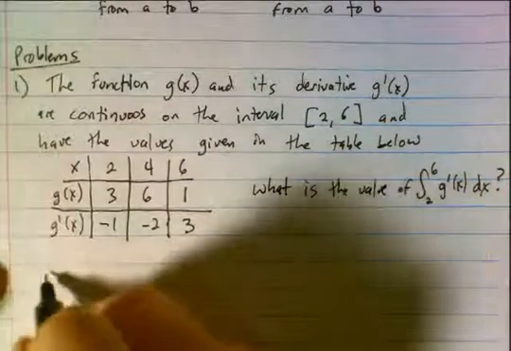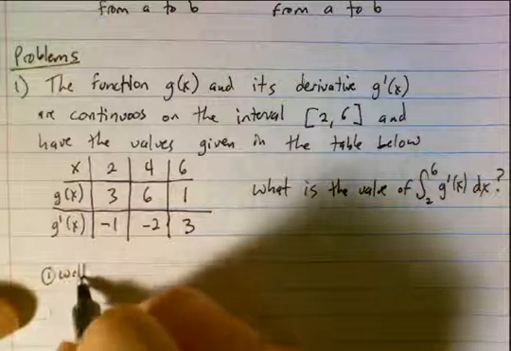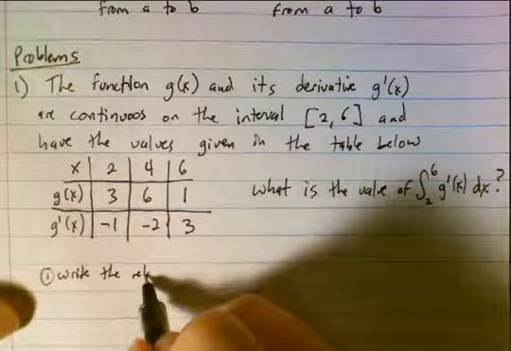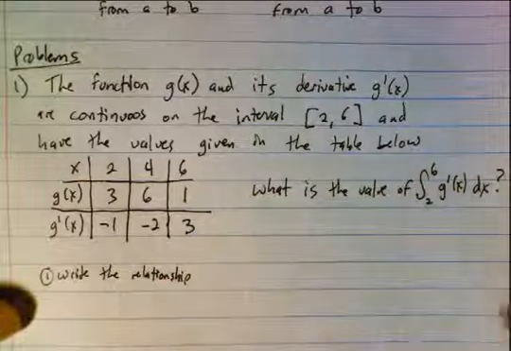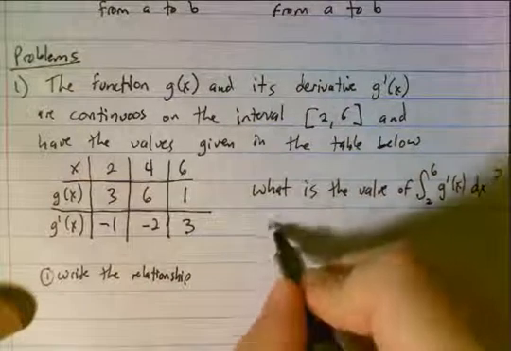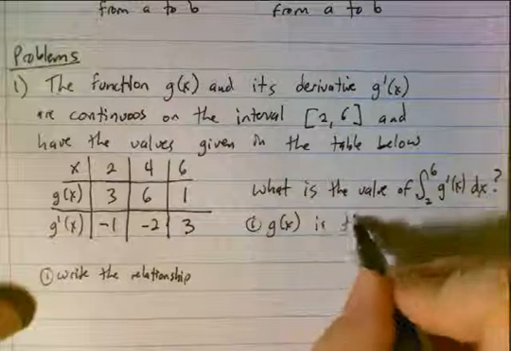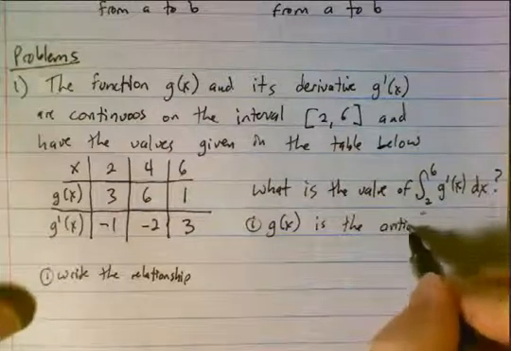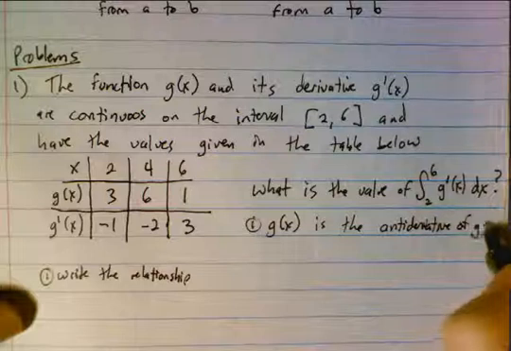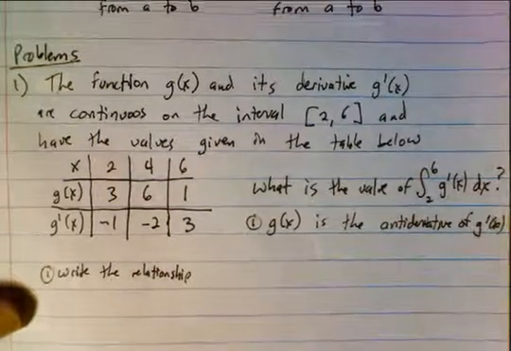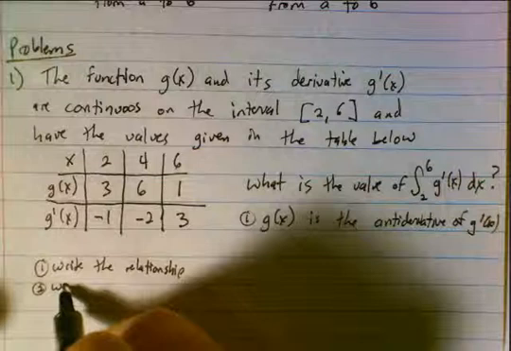So the first thing that we're going to do is write the relationship. We know that g of x is the antiderivative of g prime. And once we clarify that, we can write the fundamental theorem.